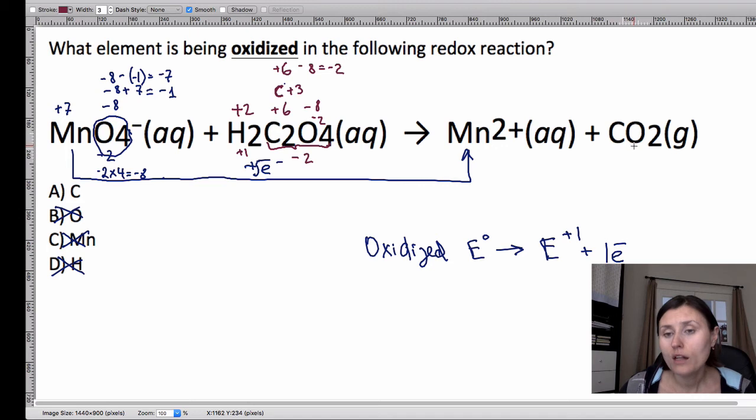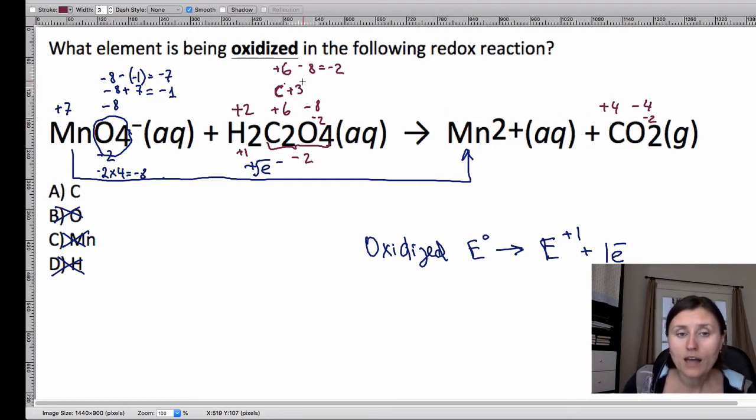Okay. So now let's just see what the charge of carbon here in CO2 is. Now it's a neutral molecule. And we know that oxygen charge is -2, but 2 oxygens give us -4 charge. And since it's a neutral molecule, to balance it out, we give the charge of +4 to carbon. So it looks like in this case, carbon did get more positive.